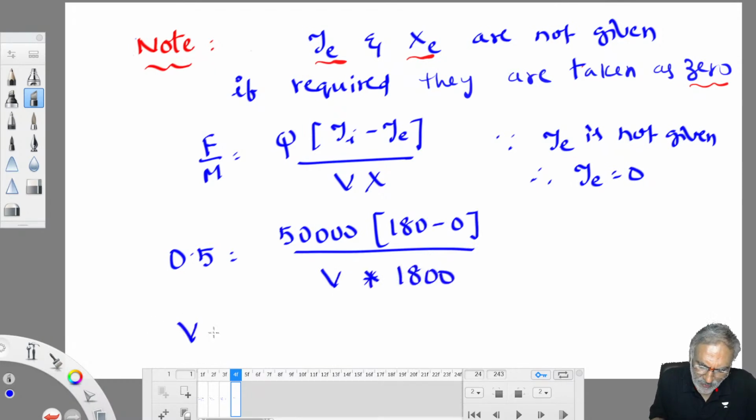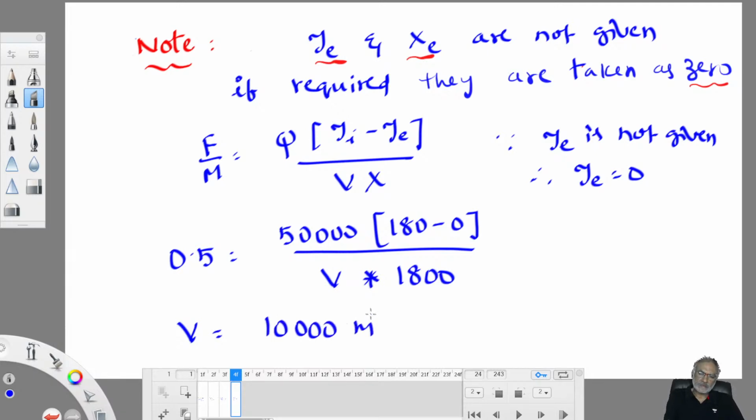Therefore, the volume of the aeration tank is equal to, come on, work out. To drive home that point, I took this question. So whenever Xe and Ye are not given, you are free to take them as 0 if required. Exactly 10,000 meter cube. Very good. You can learn more and more by solving more and more numericals.